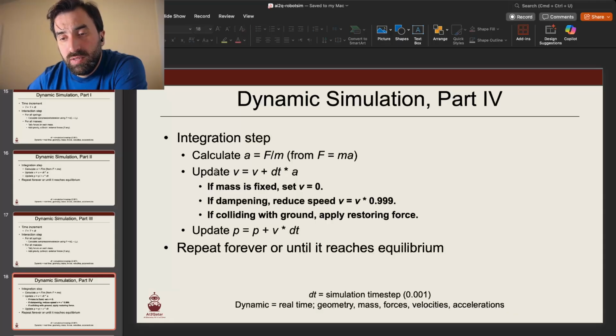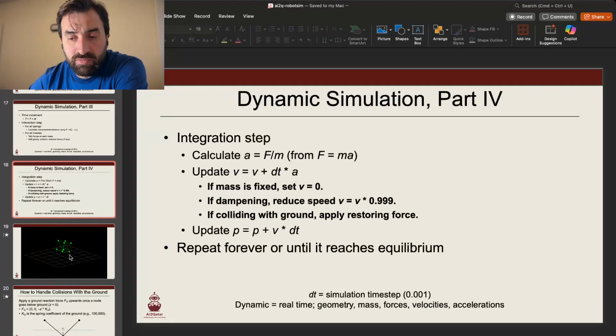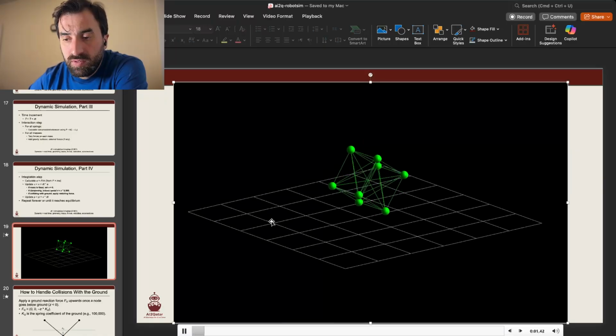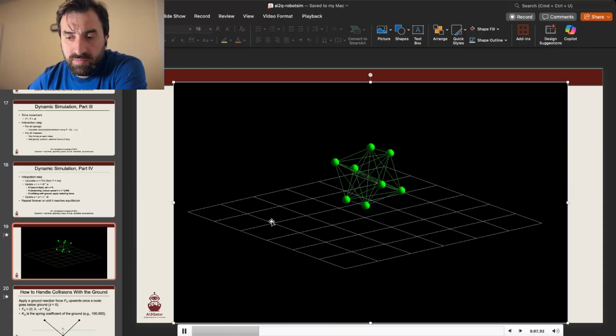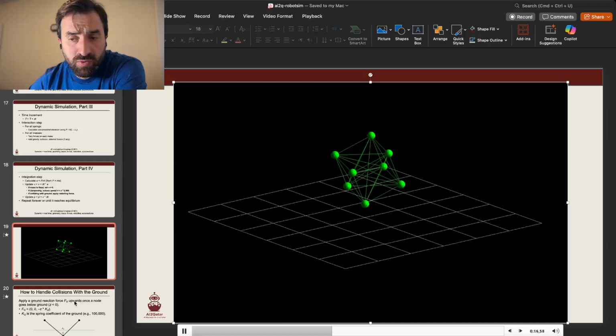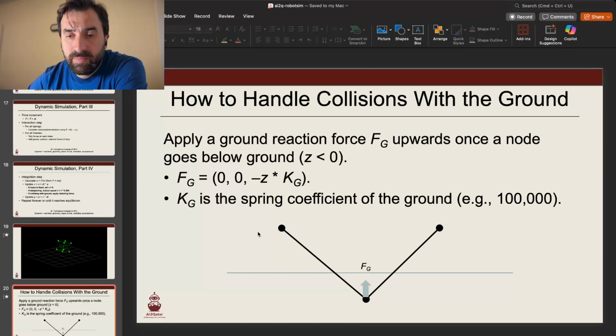That affects v, which consequently affects the position p. And then you repeat forever. So here it looks like it doesn't have damping, because when it hits the ground, it goes back up to the same height it was at the beginning. So either there is no damping, or it's too small to see visually.